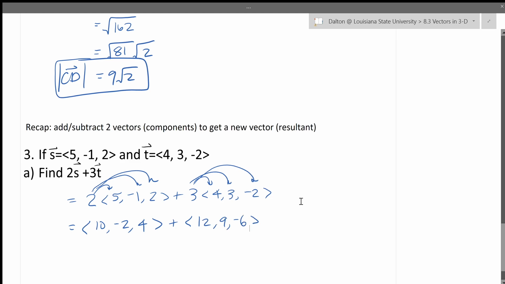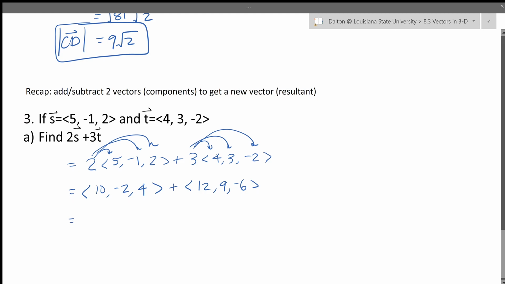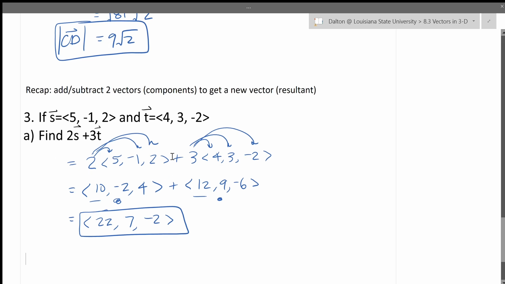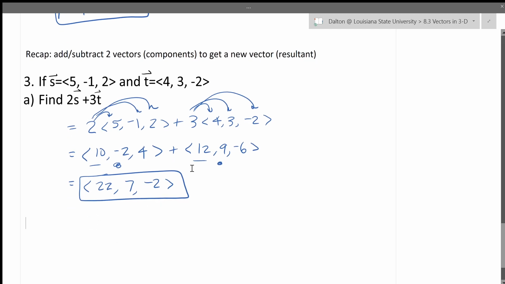And then when we add these two vectors together, you add number for number. So 10 plus 12 will be 22. -2 plus 9 will be 7, and then 4 minus 6 is -2. So this stands for 2 times vector S plus 3 times vector T. And it's pretty simple, but again, I want to discourage you from doing every single step in your head, particularly for partial credit purposes.